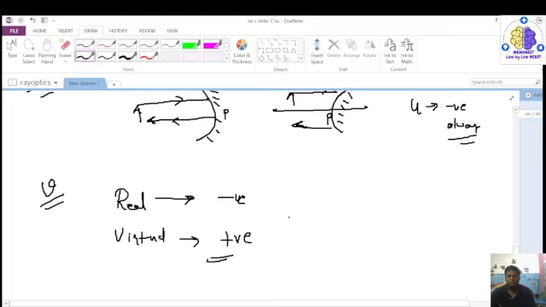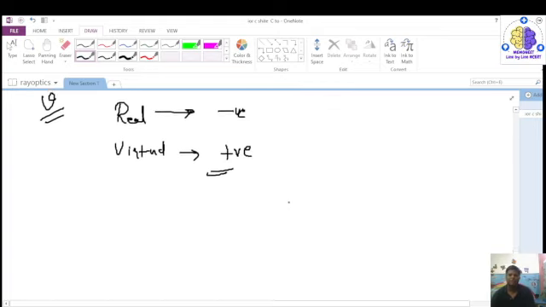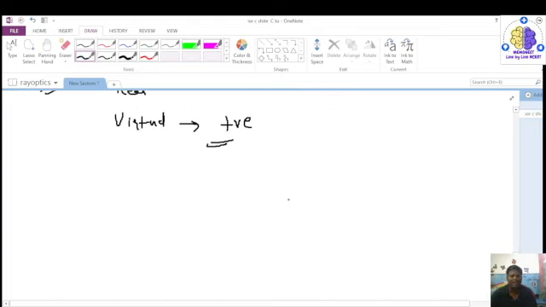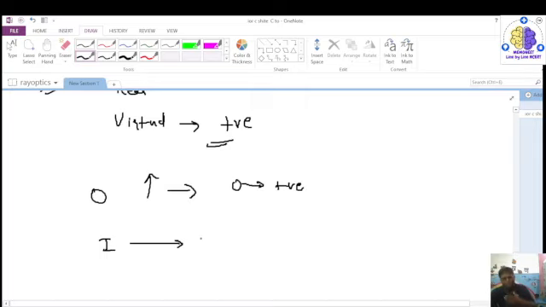Now, if we talk about the image height and object height. See, objects are always standing upright above the principal axis. So object height O will always be taken as positive, because the height is above the principal axis. But if we talk about the image height, all the real images are inverted, so we have to measure it below the principal axis.